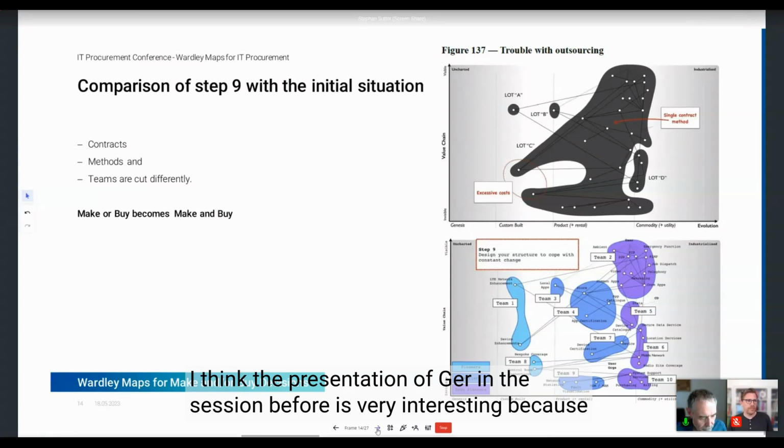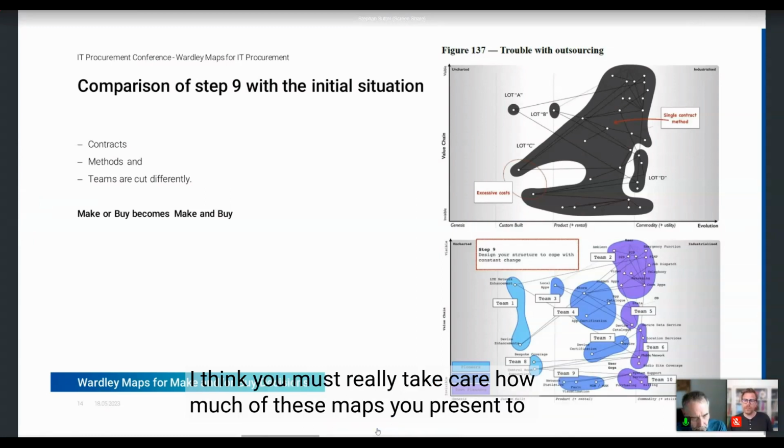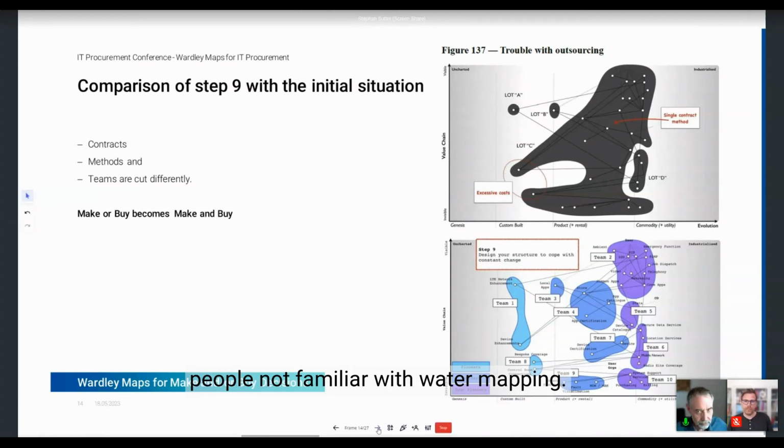I think the presentation of Holger in the session before is very interesting because I think you must really take care how much of these maps you present to people not familiar with Wardley mapping.